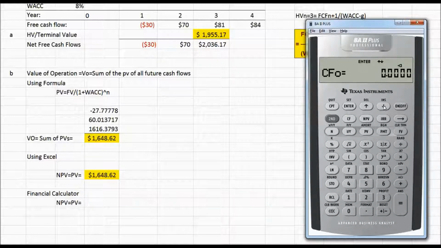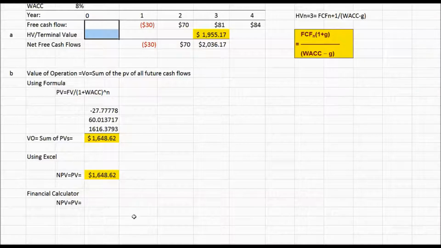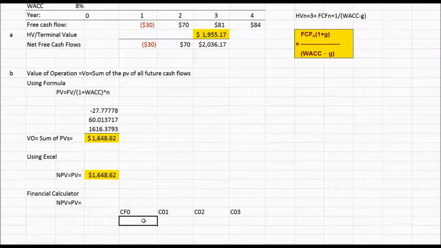So it's coming back to the first one because I haven't entered the number yet. But let me just summarize this one. Basically, these numbers are CF0, C01, C02, C03. And let me just put it right here.